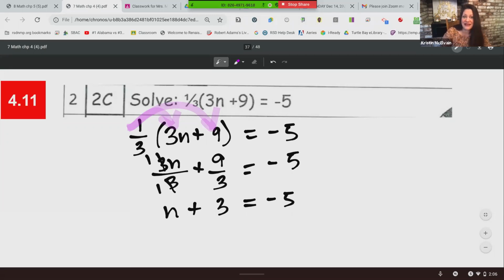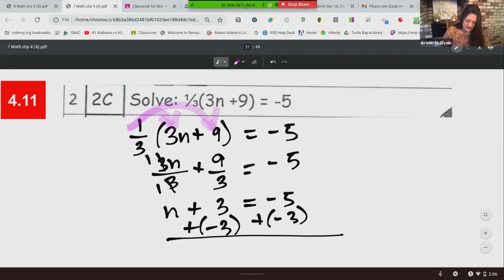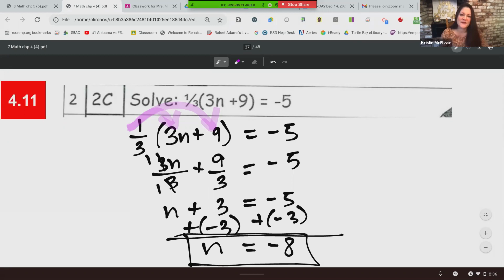Now I need to get n by itself. Add a -3 to both sides. Gives me n equals -8. Okay.